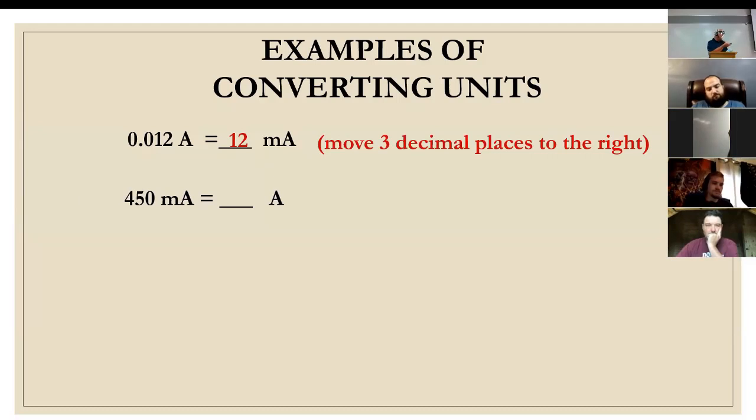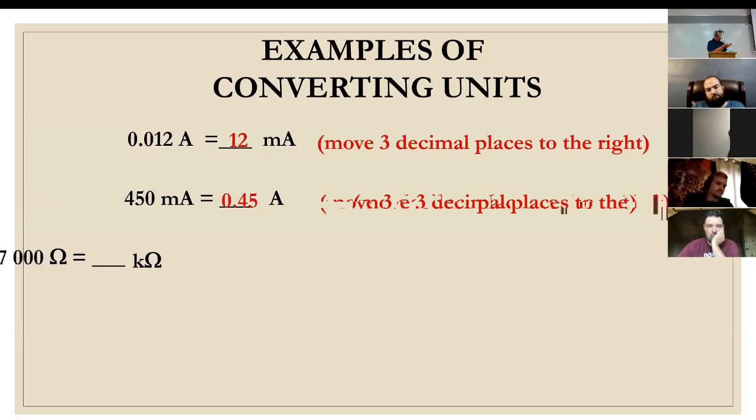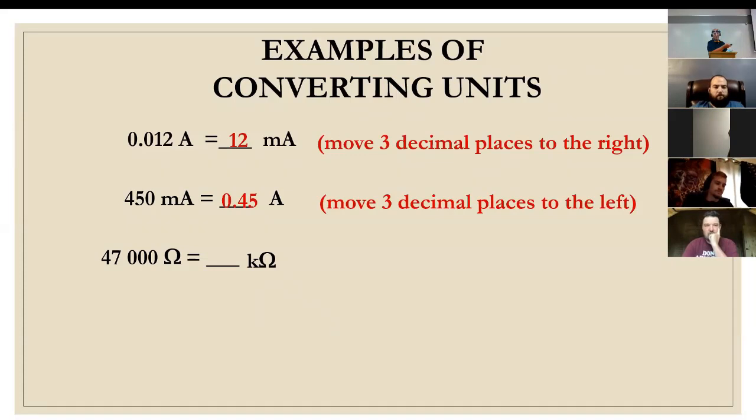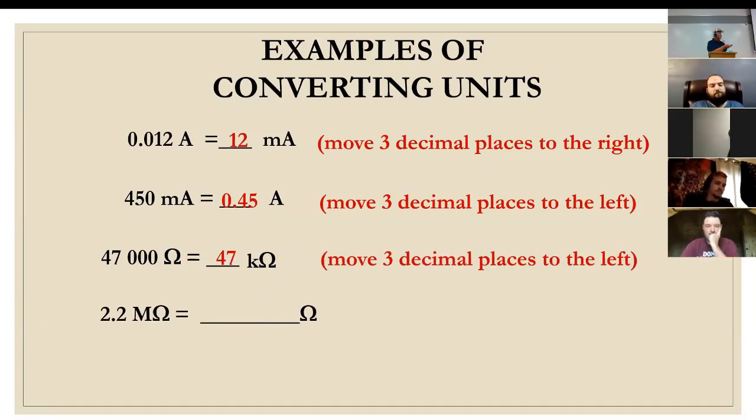And here I'm going the other way. So how many kilo ohms is that? 47. 6 places because we're at mega, a million.